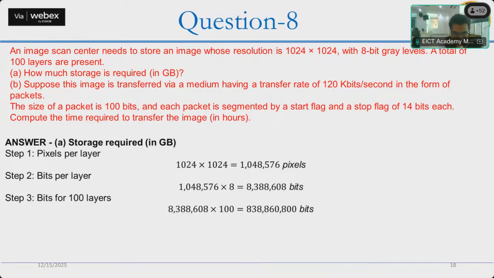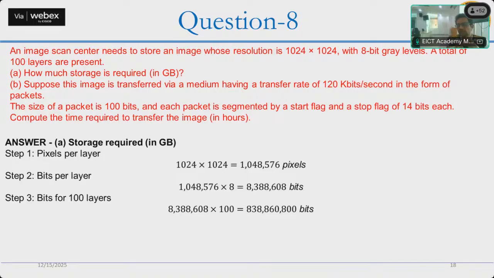Thereafter the question asks: suppose this image is transferred via a medium having a transfer rate of 120k bits per second in the form of packets. The size of a packet is 100 bits. Whenever you communicate, you send packets. At the receiver end you need to receive the packets in the same sequence.